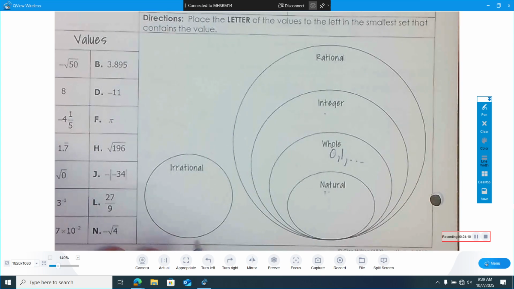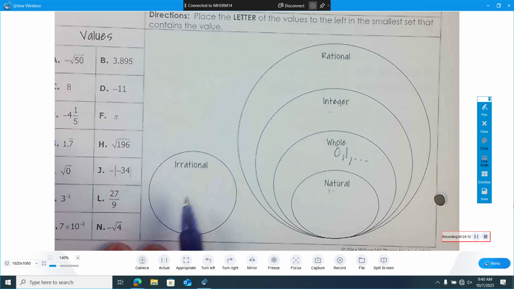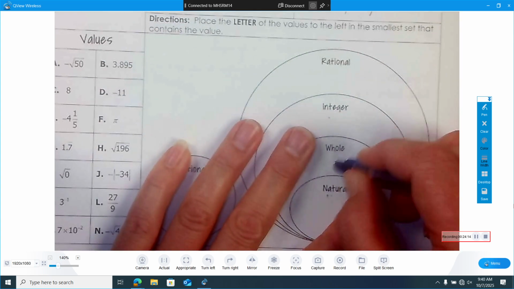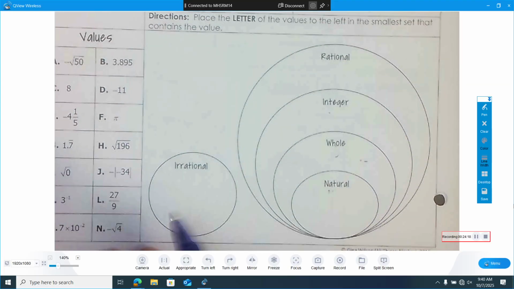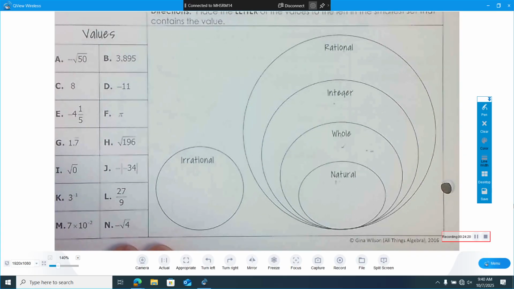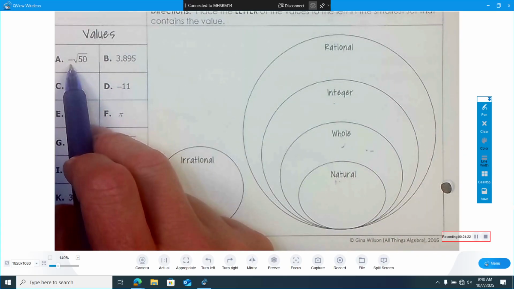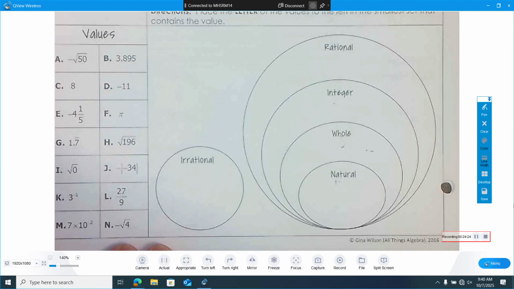Real fast here, we're going to write in where these numbers belong. She wants you to actually put the letter. I'd rather just put the numbers where they belong. So what kind of number is the negative root 50? Is it rational or irrational? If you don't know, what can you do?